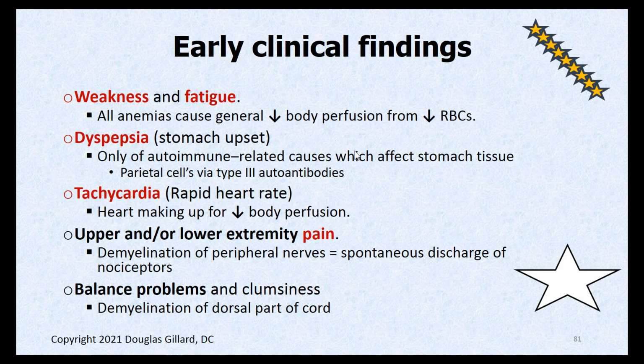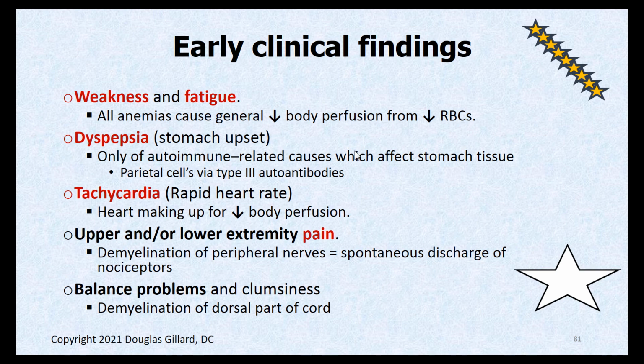What are some clinical findings, some findings that we could see? These patients will come in with a weakness, a fatigue, which is present in, well, not all people, but people with significant anemia will get these findings of weakness and fatigue because they have a general decrease in body perfusion, so they just don't have much energy.